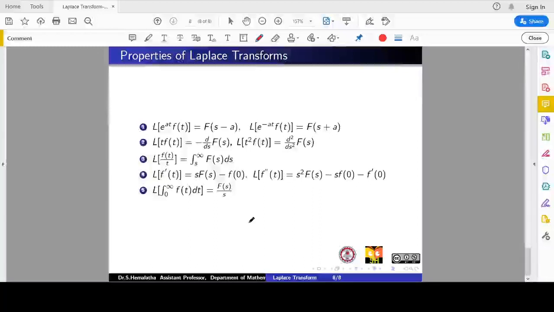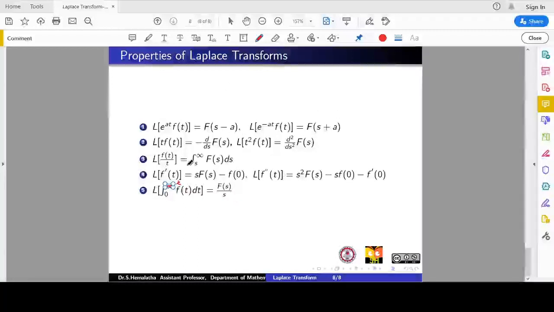Fine. So this is the consolidation of the properties we have discussed so far in this session. The first shifting property, multiplying by t, dividing by t, Laplace of derivatives, and Laplace of integral values. Sorry, this is not infinity, this is t. So the Laplace of the integral from 0 to t of f(t) dt is F(s) by s.